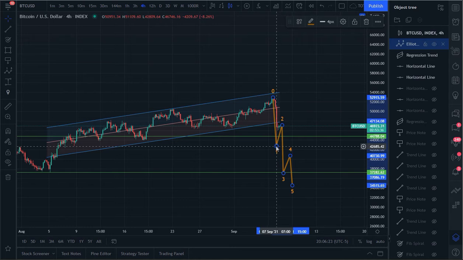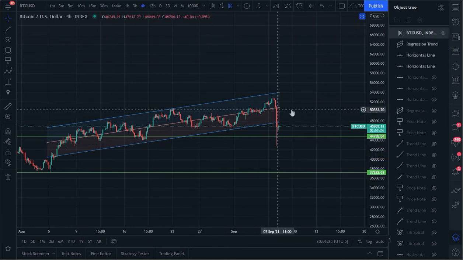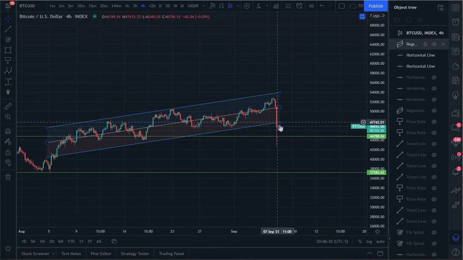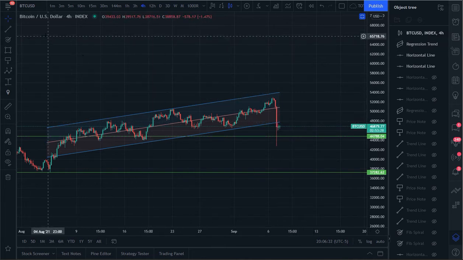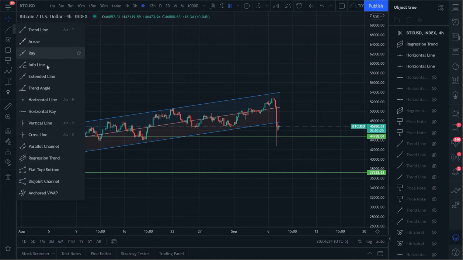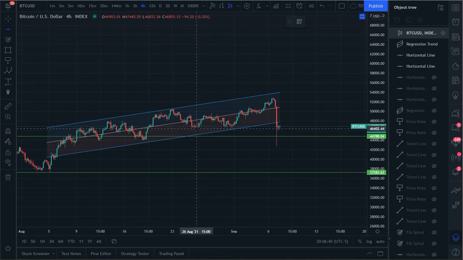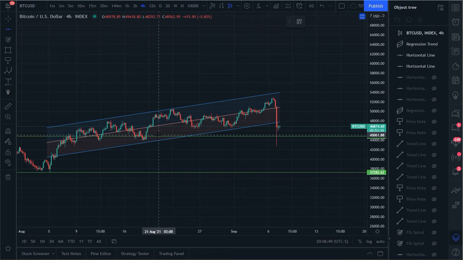Another very important point is that if we look at this trend, we also have a broken point here. If we draw some horizontal line at this point, this was the lower high, and then the new lower low.